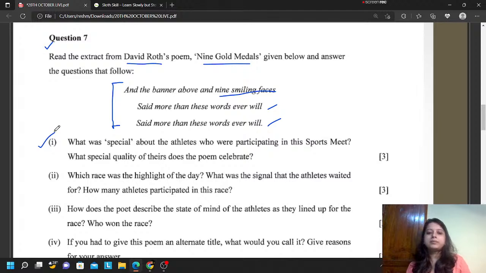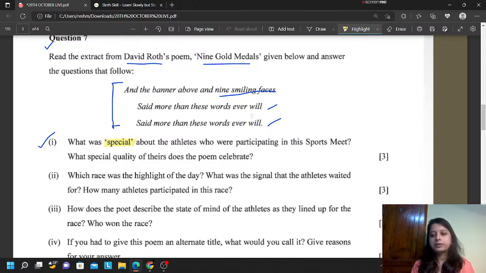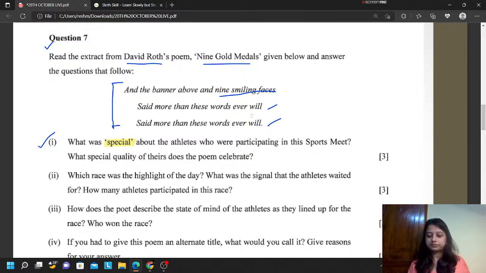Answers. What was special about the athletes? Something was, of course, special about them, right? It was not a normal one. Something was special about them. On page number 37, you will find your poem.